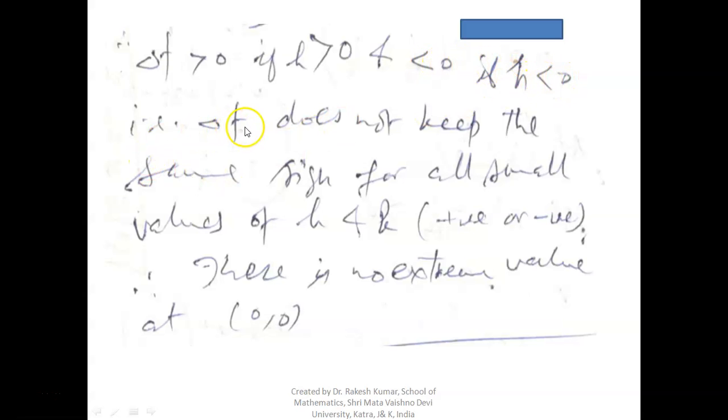So delta f does not keep the same sign for small values of h and k, positive or negative. Therefore there is no extreme value at point 0, 0. 0, 0 is then the saddle point.